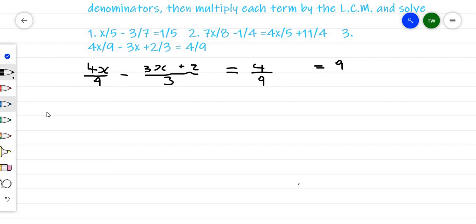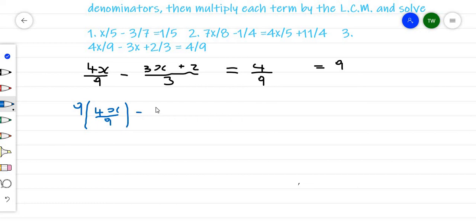So we're going to use 9 to multiply the first term. So it's going to be 9 times the first term, which is 4x over 9. Then put our minus sign.